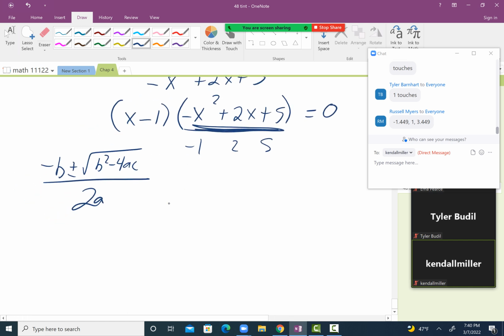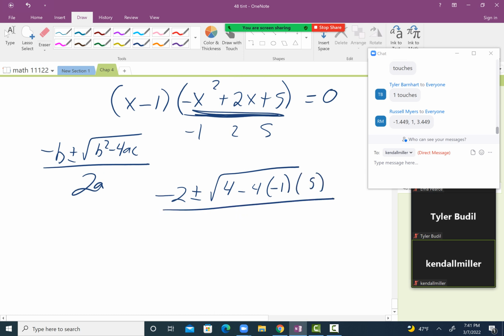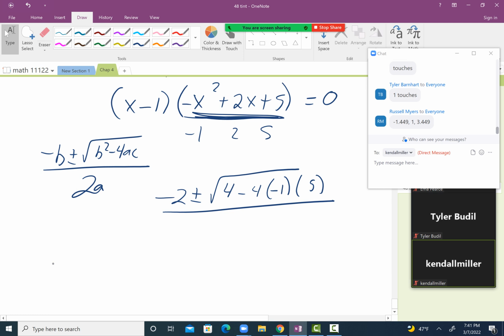All right. So the opposite of b, so it'd be negative 2 plus or minus the square root. Now, I like to take the 2 and square it. Minus 4 times negative 1 times 5, all over 2 times a. A is negative 1, so that'd be a negative 2.